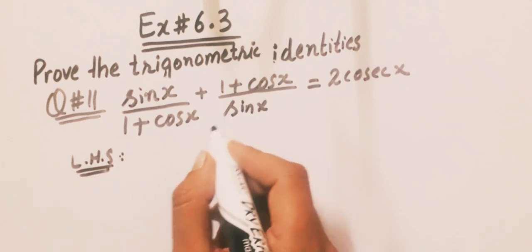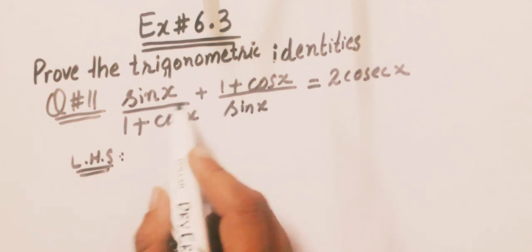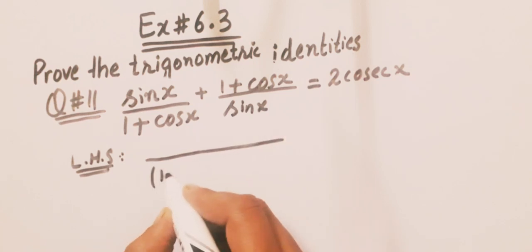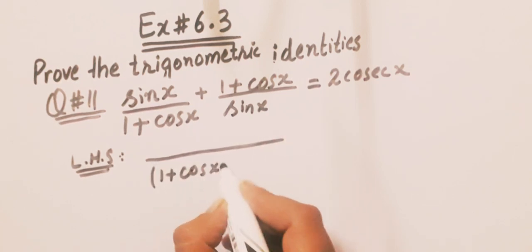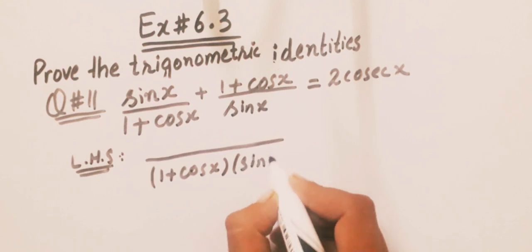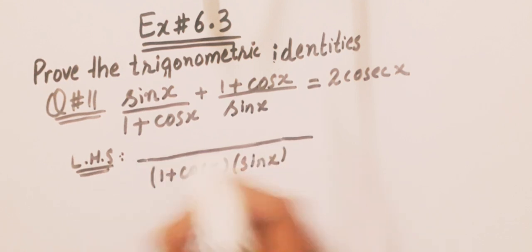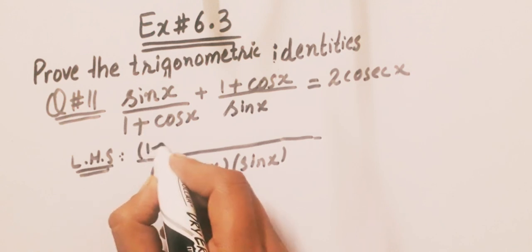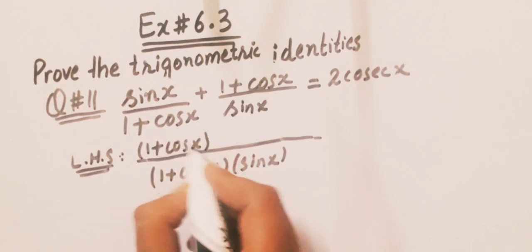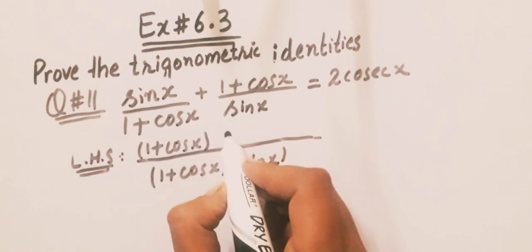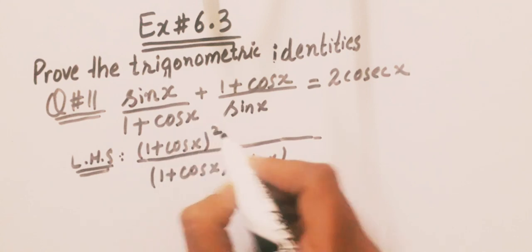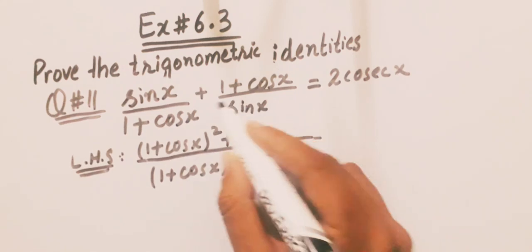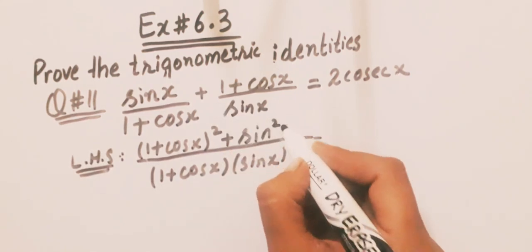In the left hand side, we will take first the LCM, that is 1 + cos x into sin x. So here we have (1 + cos x) into (1 + cos x), which will become (1 + cos x) squared, plus sin x into sin x, sin² x.